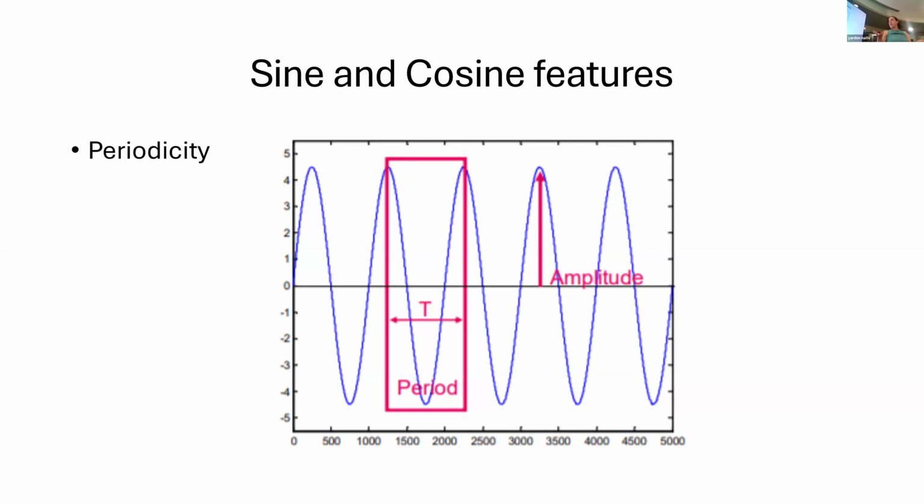And we add to it another important feature that we will talk about, which is the amplitude. The amplitude is how high this wave fluctuates.